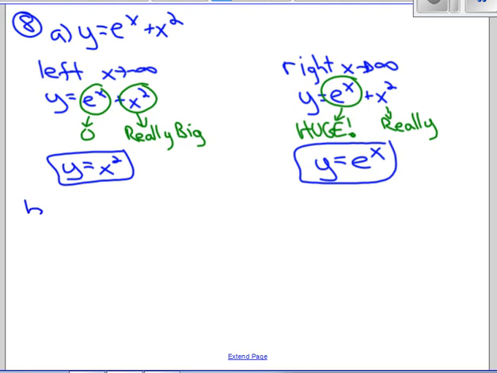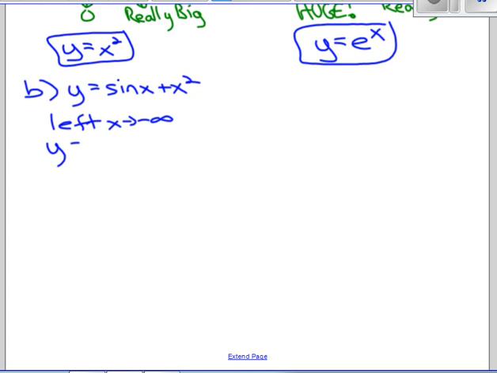Let's do the same for b. We've got y equals sine x plus x squared. So left, as x goes to negative infinity, y equals sine x plus x squared.